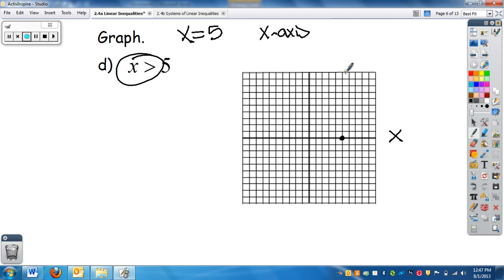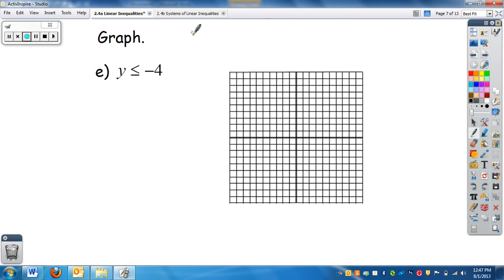It is not equal to, so it's dashed. And x is greater, so you have to think of what side does x get greater. Well, over here we have x is 4, 3, 2. Here is 6, 7, 8. Well, the x values are higher on this side, so I'm going to shade over here.